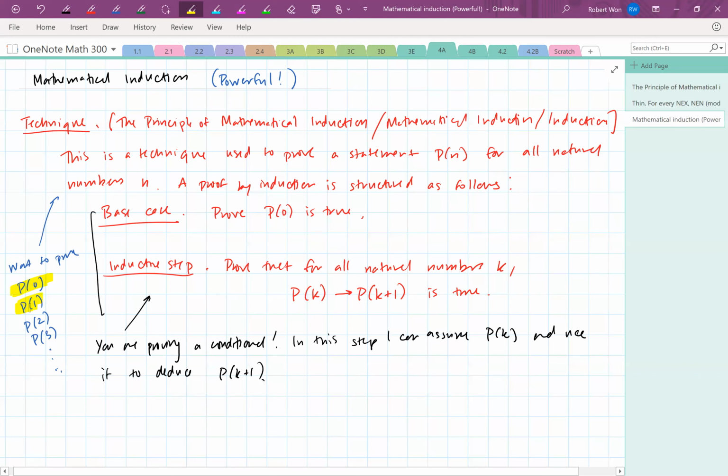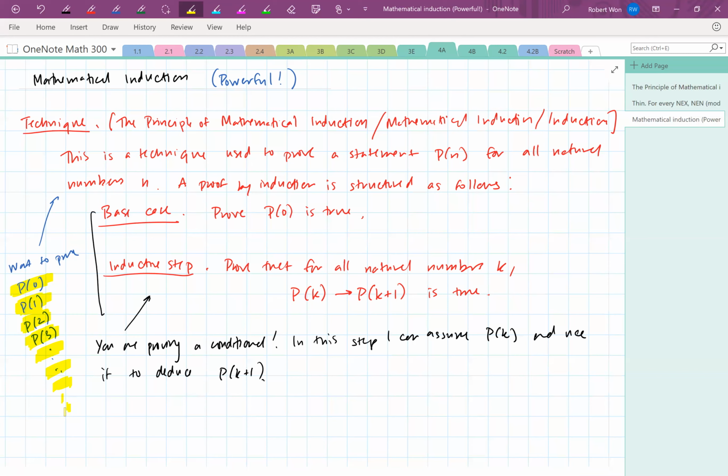So now you know that P of 1 is true. But again, in the inductive step, you prove that for every natural number k, if P of k is true, then P of k plus 1 is true. So once you know that P of 1 is true, if P of 1 is true, then P of 2 is true. And once you know P of 2 is true, P of 3 is true. Once you know P of 3 is true, P of 4 is true. And so you eventually prove P of n is true for all n, etc.